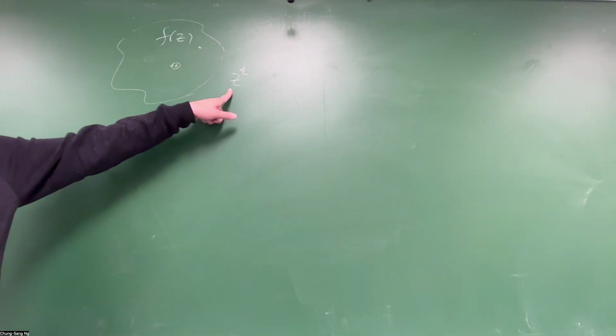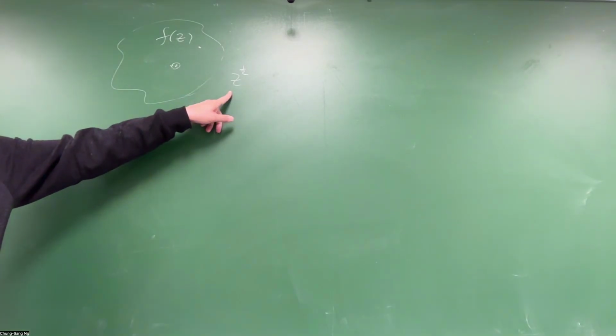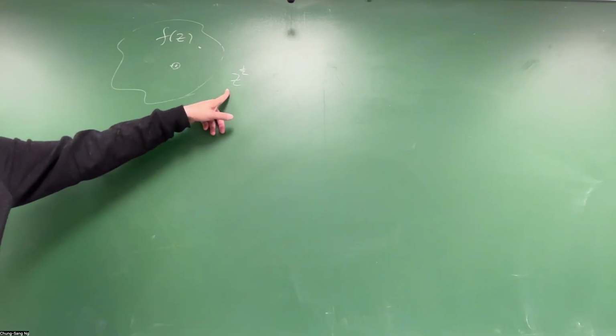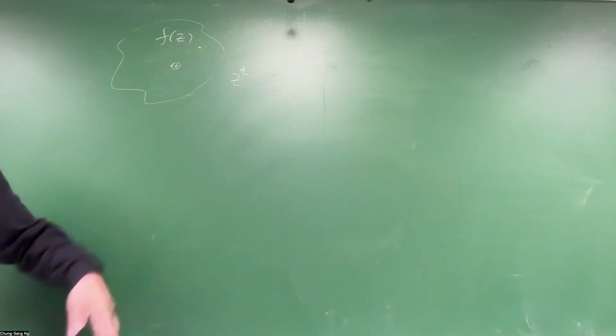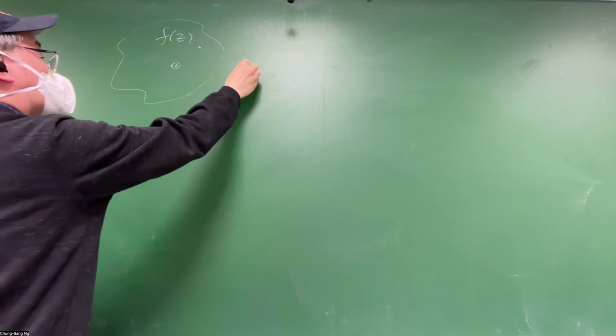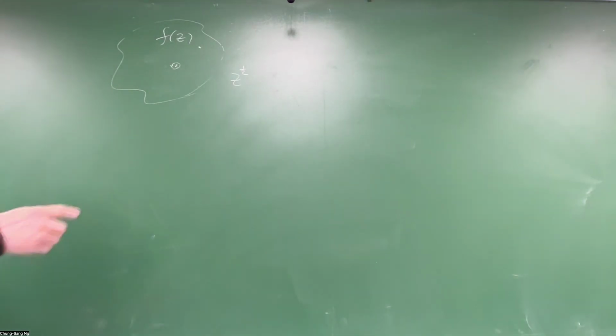Quite obvious. Which one is the branch point? Going around which point will give you a different value? One half, yeah, the square root function. We talked about that before.